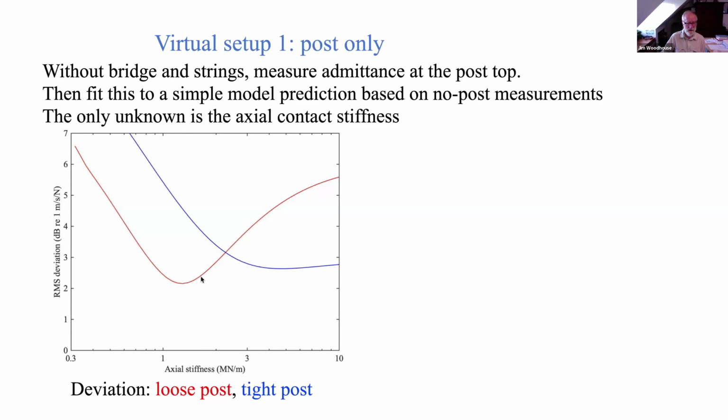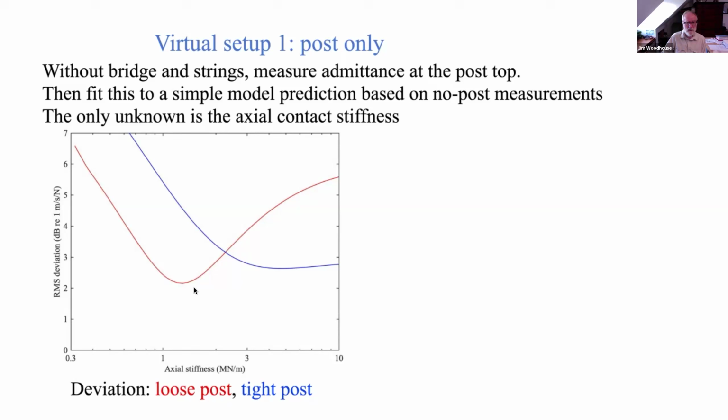And very reassuringly, it has a clear minimum here. And that is our prediction for the actual contact stiffness for that post in that position. Just a bit bigger than 1 on this scale, whatever these units are here.